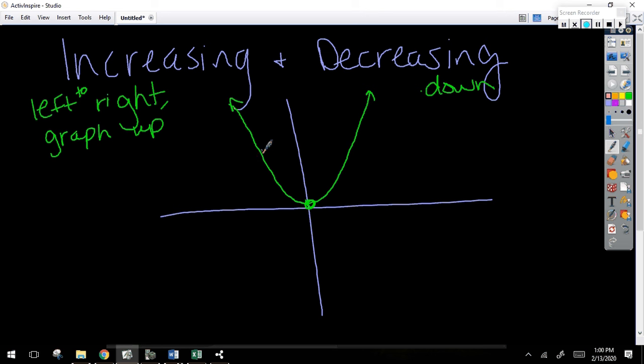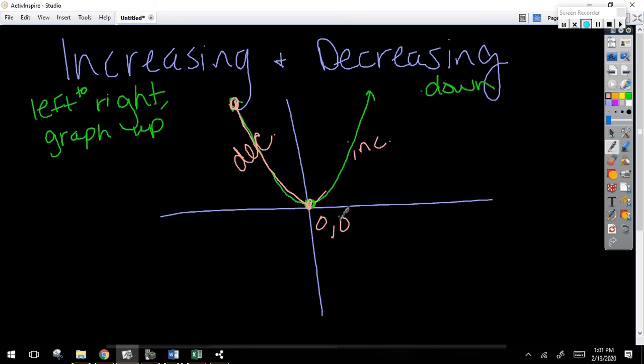It can go up, down, or be constant. What's it doing? This piece right here, what's it doing? Left to right. From here to here, is it going up or down? Down. We say that's decreasing. It stops here and it starts to do what? Increase.